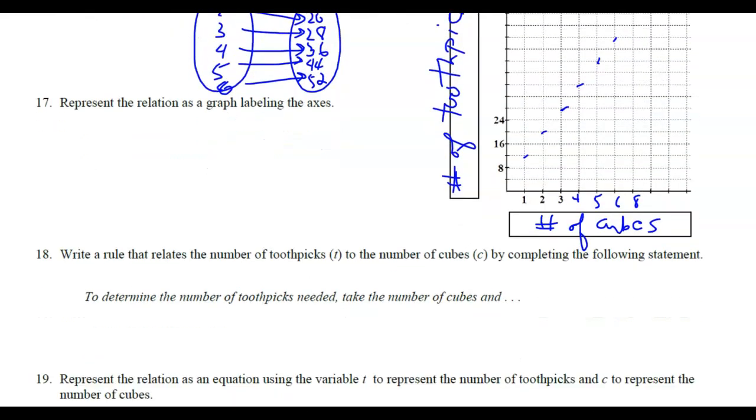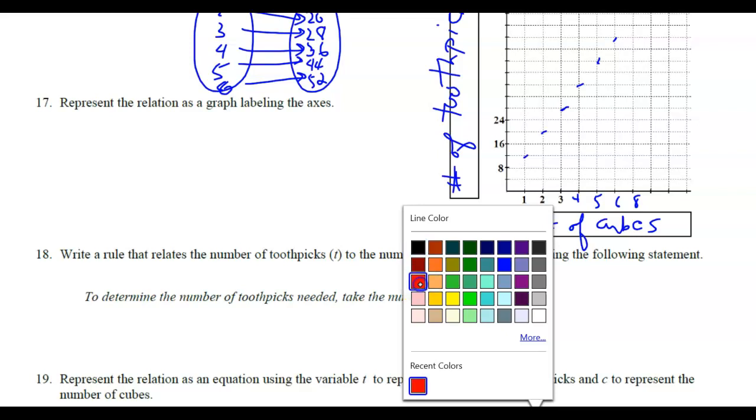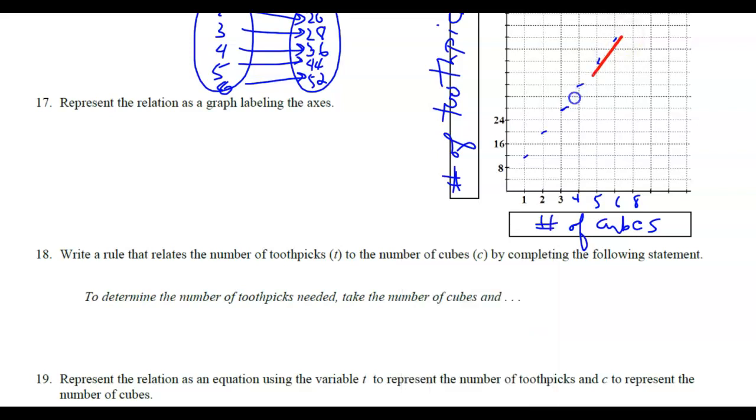So now in this case, you could even draw a straight line through this, and then I can erase it. I'll do it in red. Let me fix that a little bit and move it.